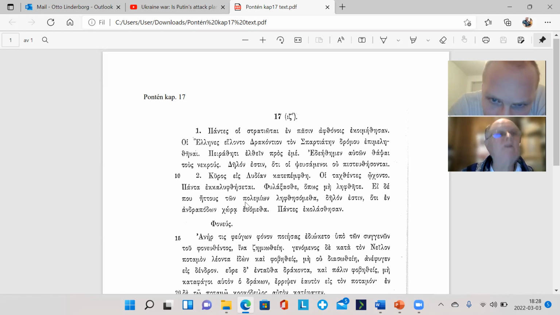My vocab's letting me down. Yeah, this is a bit tricky. So hetton is a comparative form, meaning weaker, worse, weaker in this case, I think.